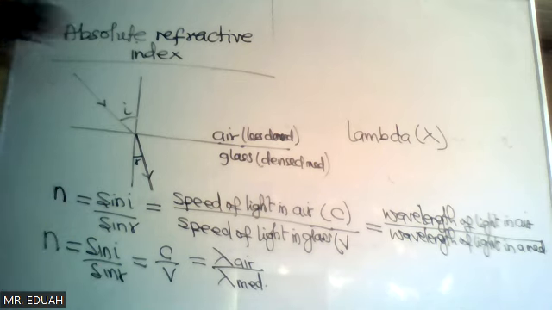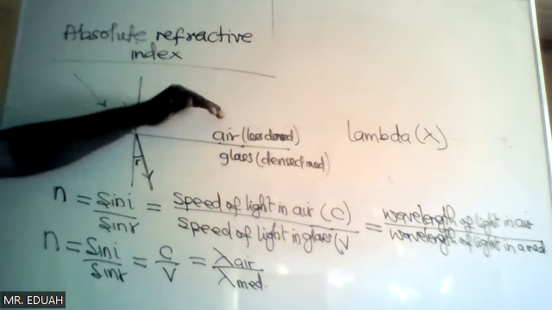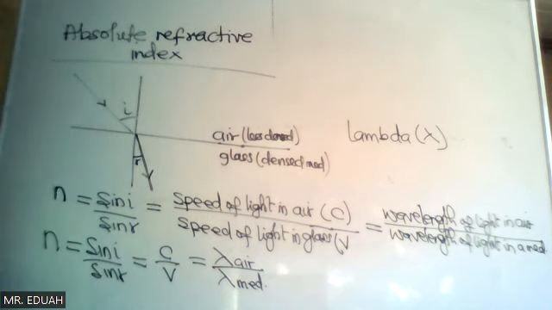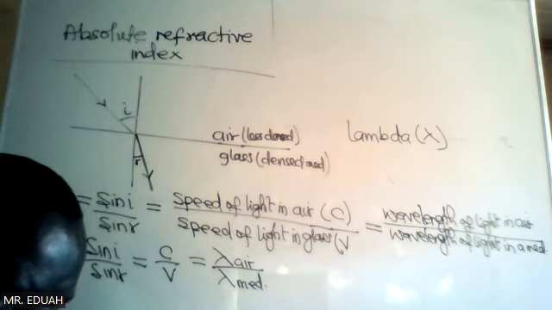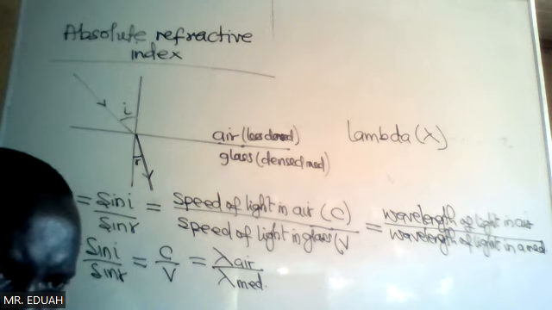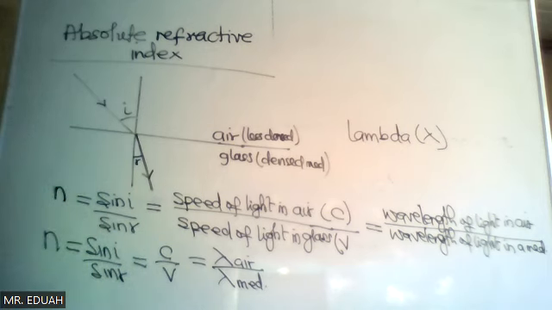It means that we are comparing the material's ability to deviate light to air, its actual bending ability.